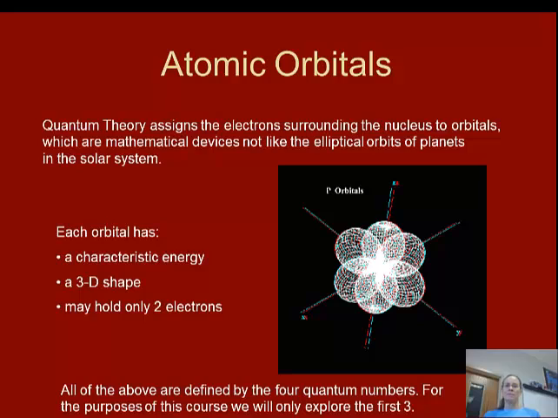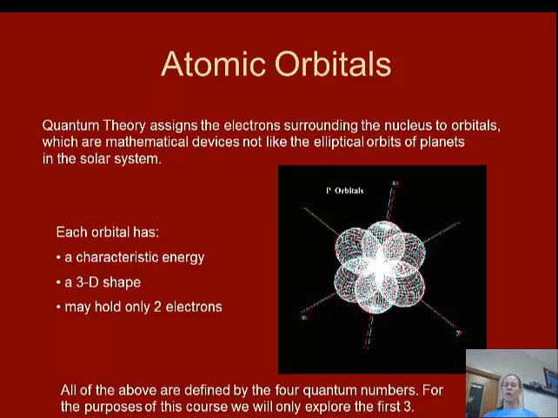So the quantum theory basically assigns the electrons surrounding the nucleus to orbitals, which are mathematical devices, not like the elliptical orbits of planets in the solar system. What that is saying is that each electron essentially has an address that's described by a math equation.